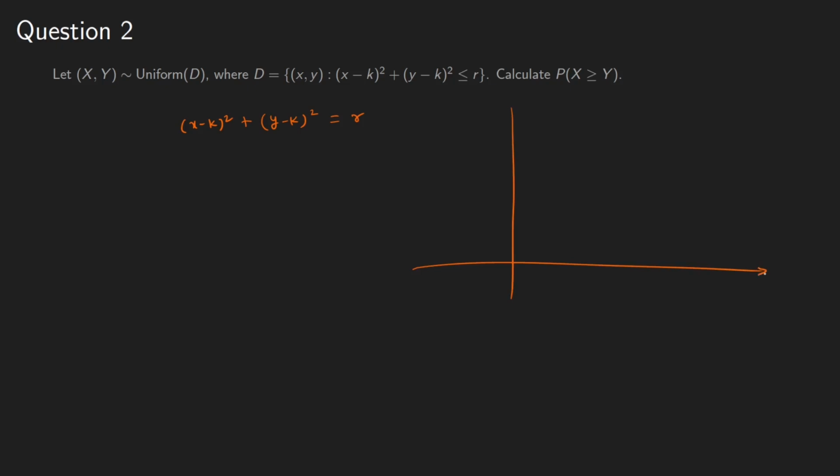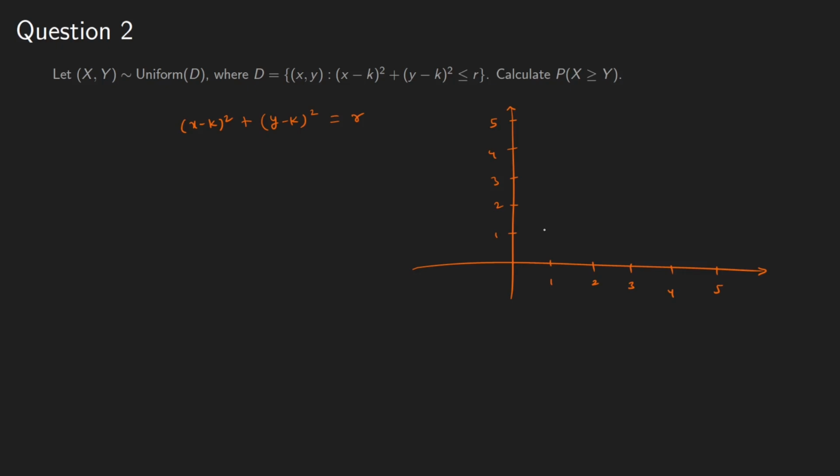Here are all the points, 1, and so on. Its center is located at k, k, so it can be located along the line x equals y. Why?